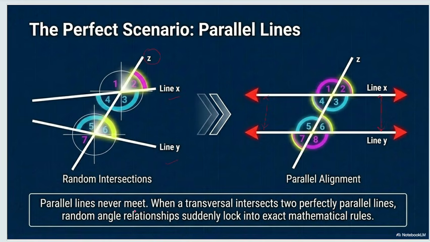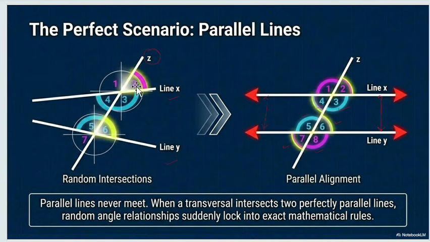Parallel lines never meet. When a transversal intersects two perfectly parallel lines, random angle relationships suddenly lock into exact mathematical rules. It means when a transversal line intersects two parallel lines, some angles are formed: angle 1, angle 2, angle 3, angle 4, angle 5, angle 6, angle 7 and angle 8.